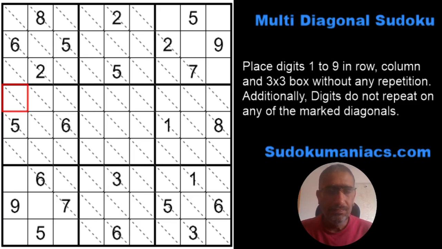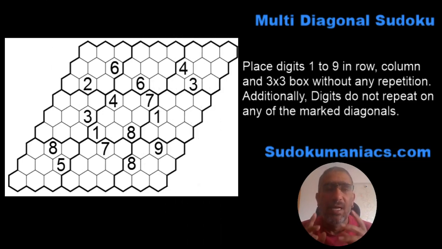Now, quite a few of you might find this new, and people who are frequent at competitions will realize that this is very similar to another Sudoku, which is known as Iso Sudoku, and also some people call it Hex Sudoku. Now, let's have a look at that.